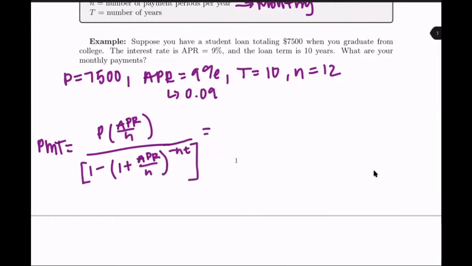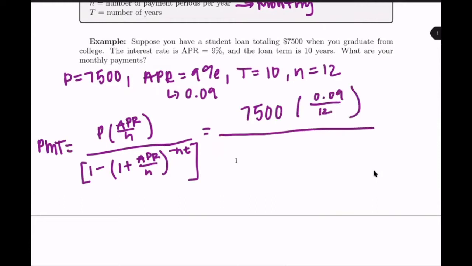So filling in this formula with our numbers, we get 7,500 multiplied by 0.09 divided by 12, and then the big divides bar, bracket 1 minus 1 plus 0.09 over 12 to the power of negative, it's going to be N times T, which is the 12 times the 10, which is going to be 120.